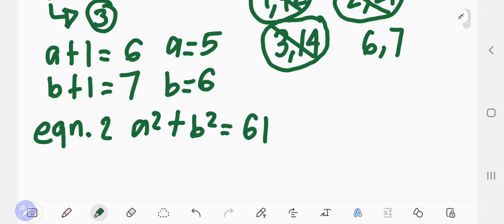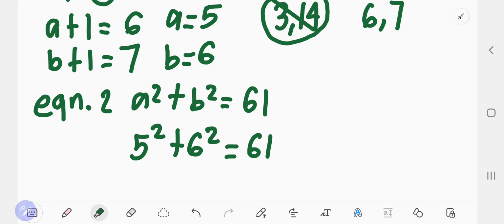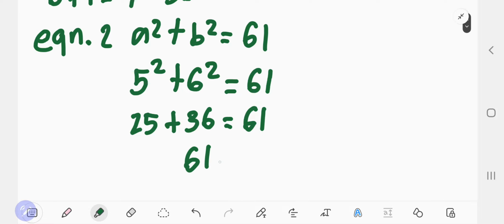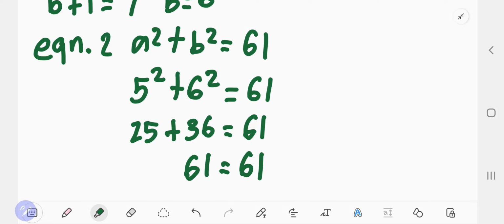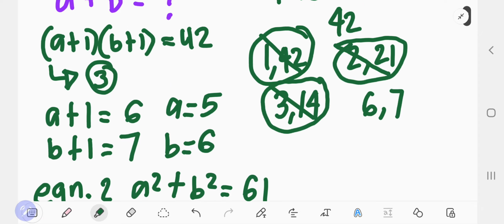We can replace a with 5 and b with 6. 5 squared plus 6 squared: 5 squared is 25 and 6 squared is 36. And 25 plus 36 is equal to 61, which is a true statement. So 6 and 7 as a plus 1 and b plus 1 respectively is valid.